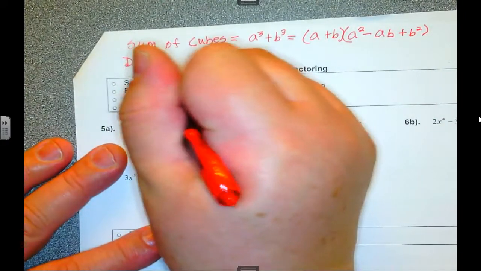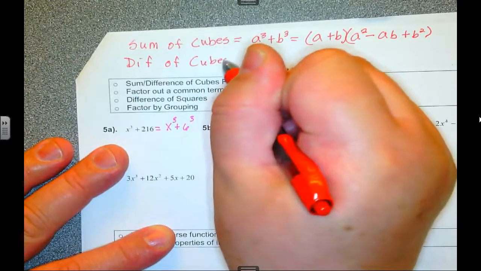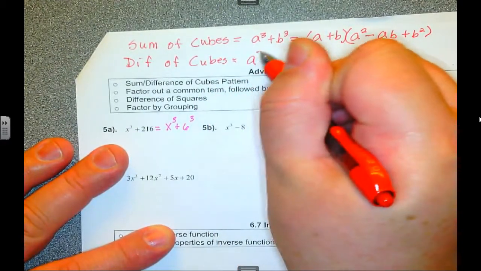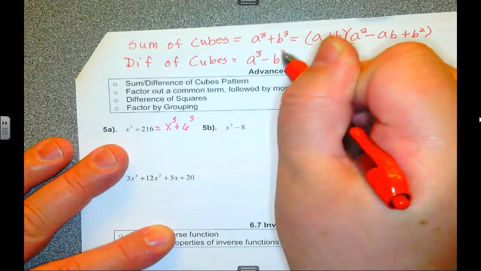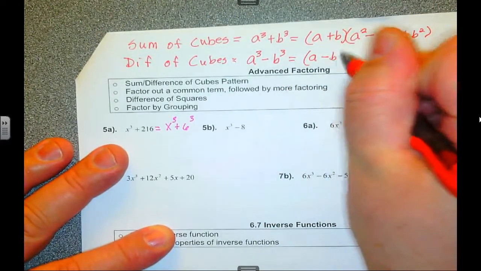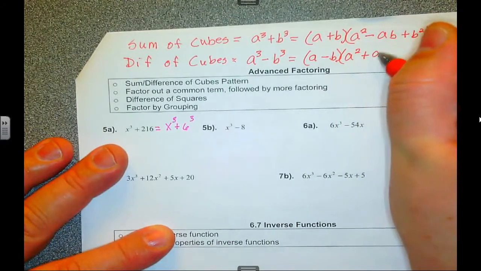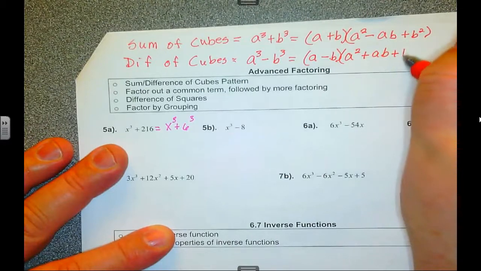And the difference of cubes, which is a cubed minus b cubed, is a minus b times a squared plus a b plus b squared.